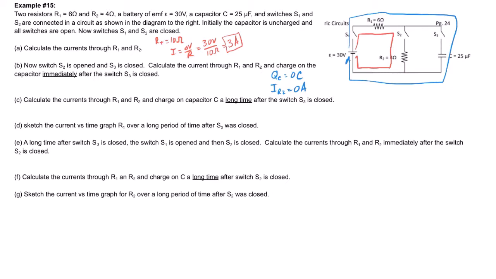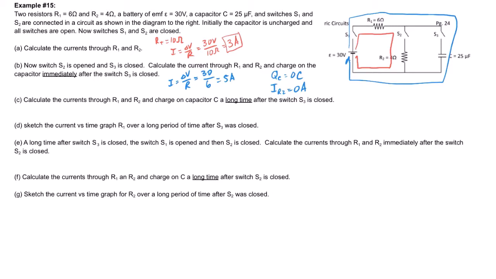Now, at this point, I can find the current going through R1. Now, again, I'm going to use that I equals delta V over R. And I know that the delta V is going to be 30. And the resistance is 6, giving me 5 amperes. Now, this should make sense. Remember when we initially connect that capacitance there, we essentially treat it as if it were a wire.